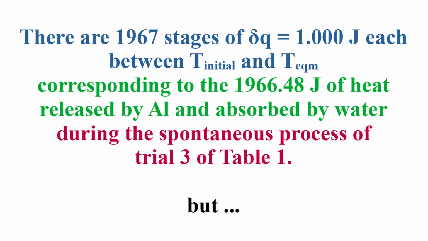In trial 3 of this experiment, the aluminum block happens to release a total amount of heat equal to 1966.48 joules to water from the beginning until the equilibrium state is established, and therefore there are 1967 stages to consider, since each stage corresponds to a transfer of 1.000 joule by aluminum to water.